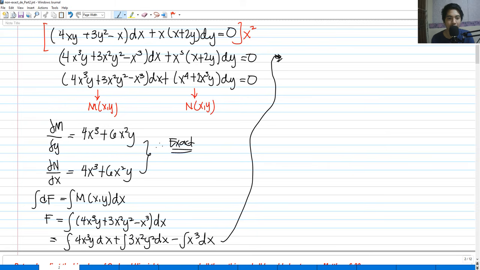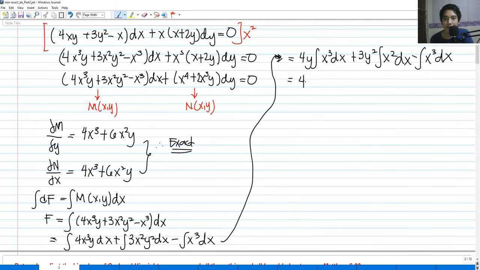I can factor out all the constants, including the y, because I am integrating with respect to x. So you have 4y times the integral of x cubed dx, plus 3y squared times the integral of x squared dx, minus the integral of x cubed dx.